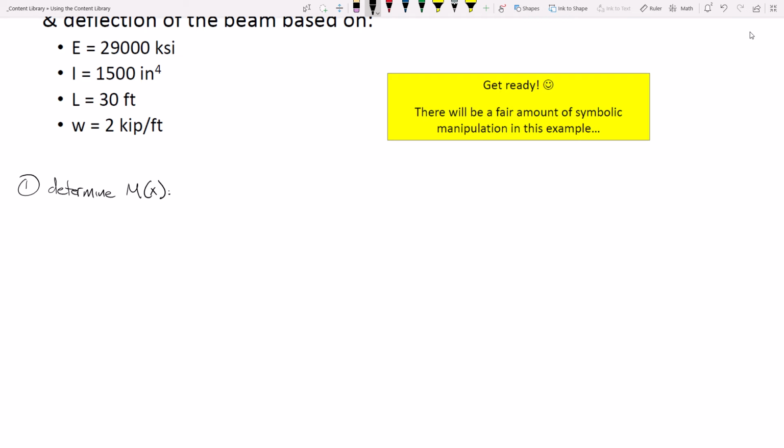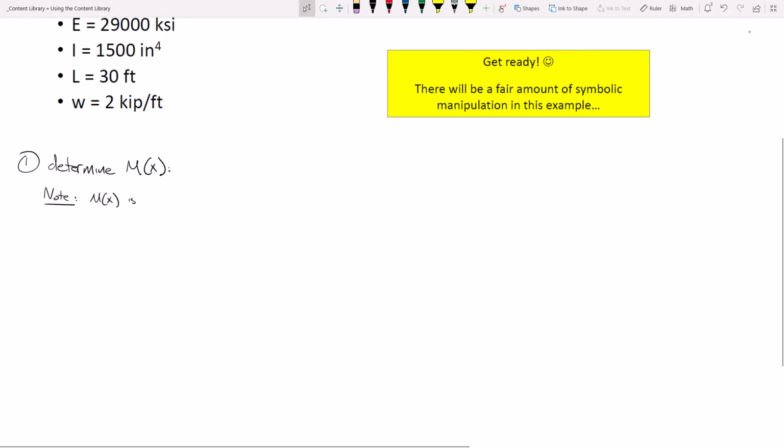Note, M of x once plotted is what? If I plot M of x, what do you think it's going to look like? What would I call that plot?